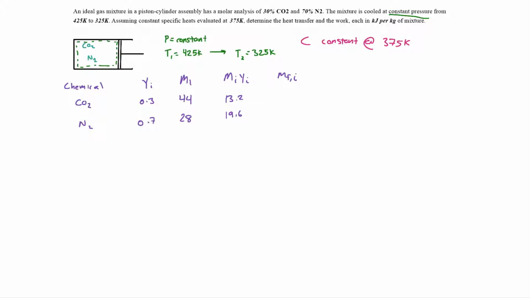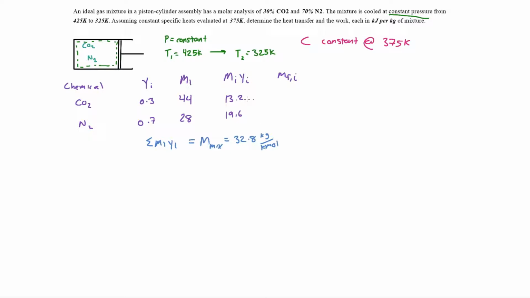Before we can do that, we have to find the average molecular weight of the mixture. So we sum up the components, the Mi Yi, and that gives us the weighted average molecular weight of the mixture. That equals the sum of this column, which is 32.8 kilograms per kilomole.